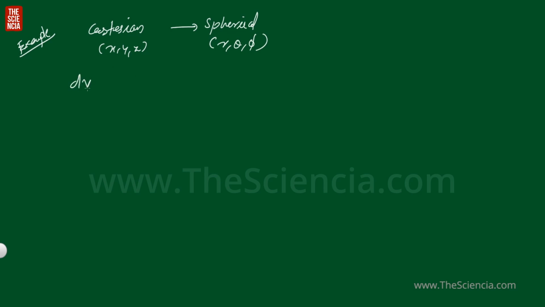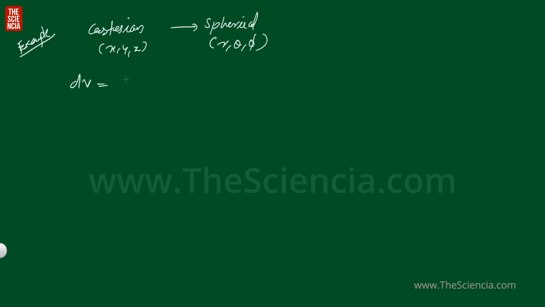One more example. I am transforming a volume element from Cartesian coordinate system, that is XYZ coordinate system, to spherical polar coordinate system, that is r, theta, phi. Right. So, what is the volume element in Cartesian coordinate system?